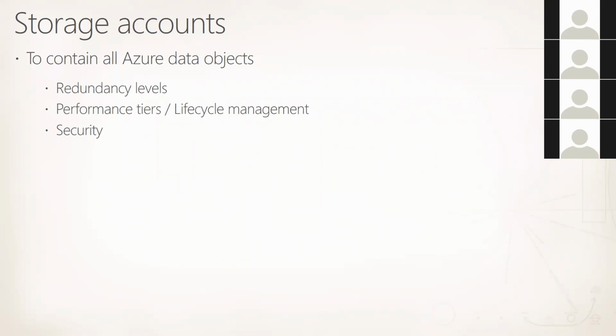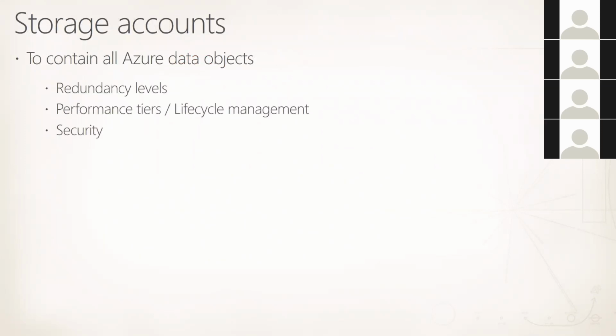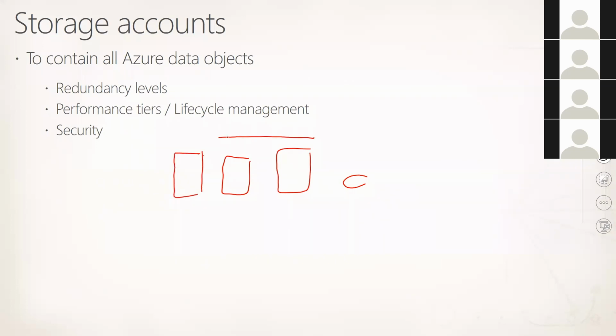So in here, let's take local redundancy. Let's say we have data centers here. There are several ways we can place them. This is one region.